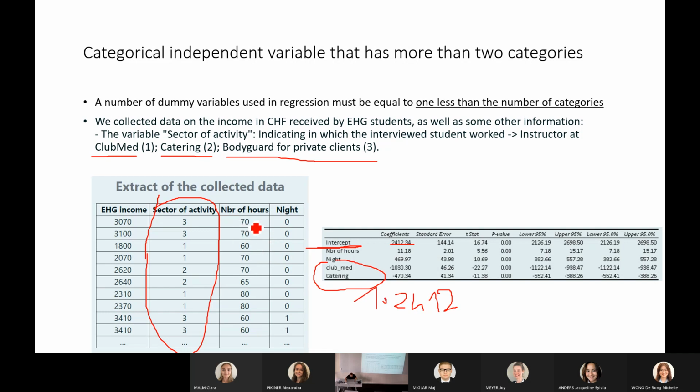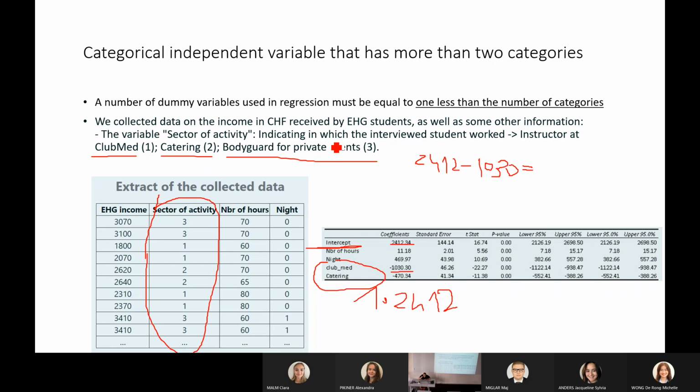So if you want to see the difference between the salary of bodyguard and Club Med, we have to do 2,412 minus the intercept 1,030, and that will be the difference in salary. So we can see that the bodyguards earn 1,030 francs on average more than the Club Med, and vice versa. We can also find that they earn 470 Swiss francs more than catering.